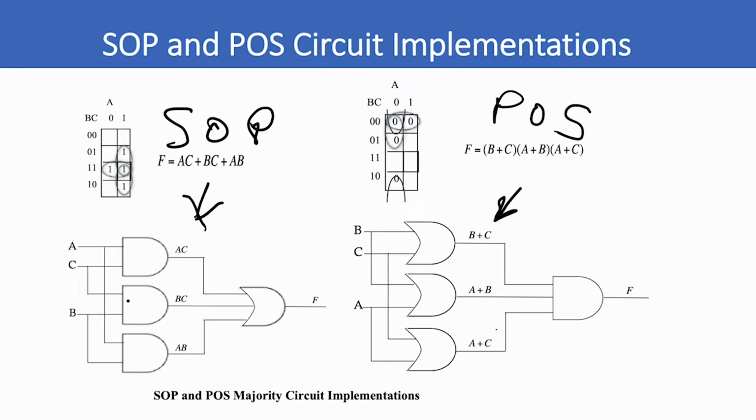So these are the 2 implementations of the majority circuit, and they create the same output for the same combination of inputs. So they're the same circuit, although you implement them differently. One's an SOP form, mapping the ones, and the other is a POS form, mapping the zeros.